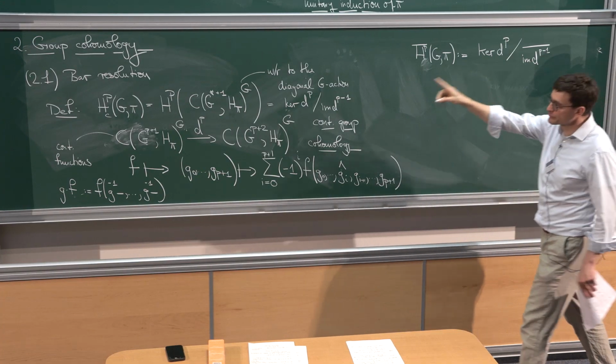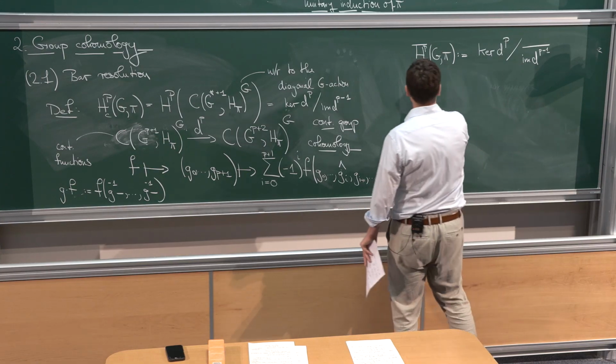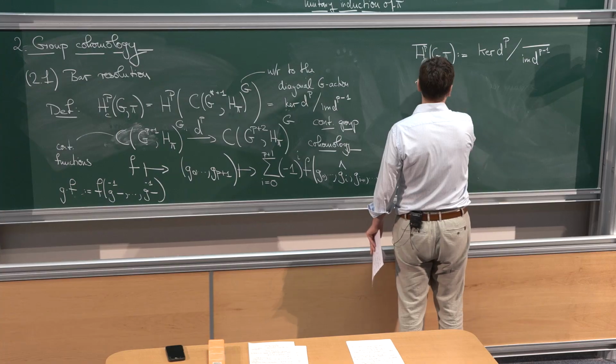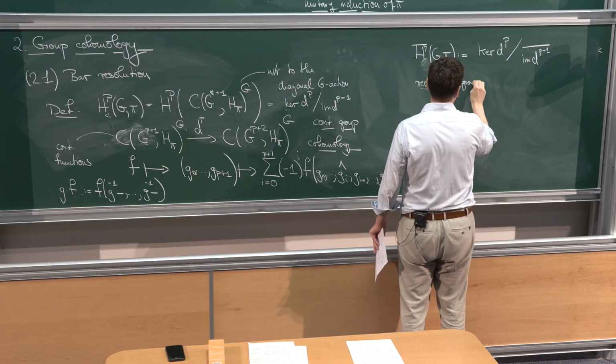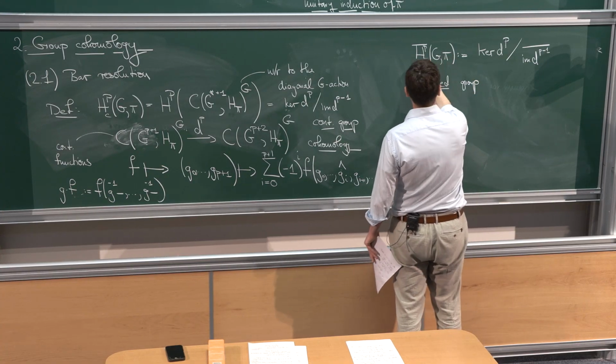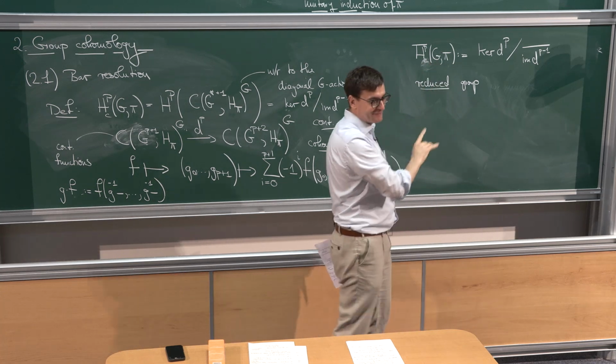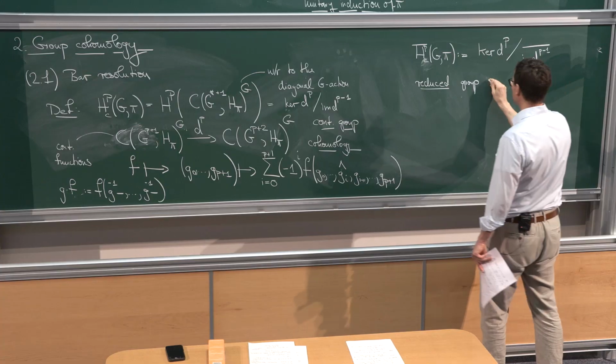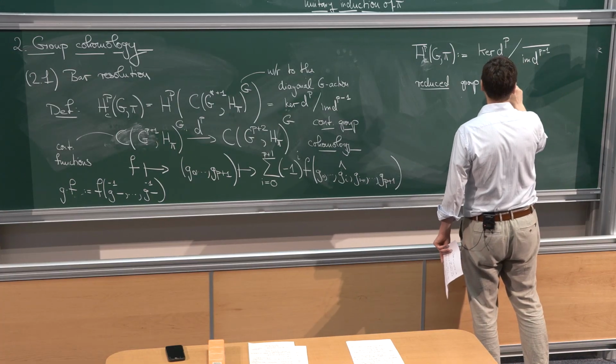And this will be a quotient of the usual cohomology, and it will be called the reduced group cohomology with coefficients in pi. Reduced continuous group cohomology with coefficients in pi.